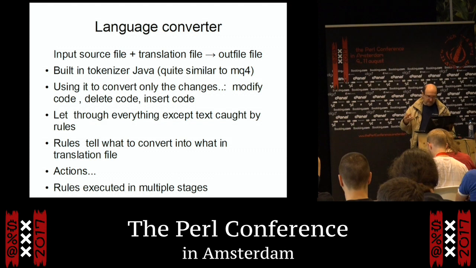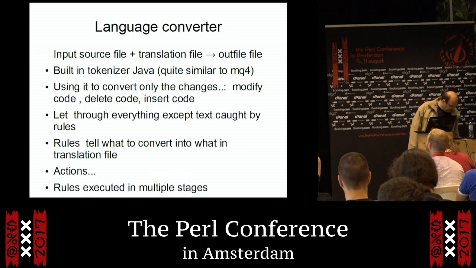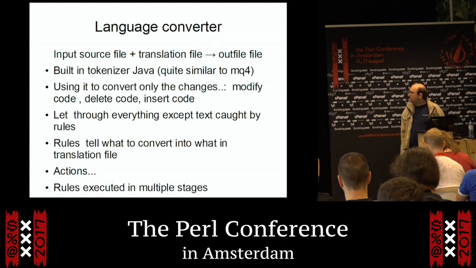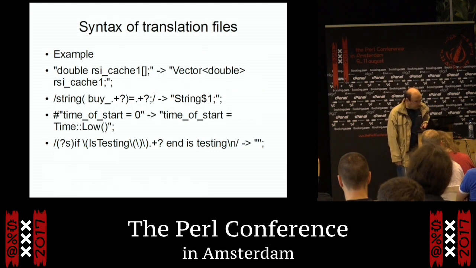As I told you, actions can optionally be specified at each conversion. What's maybe more interesting is that multiple stages can be specified, which means you can scan the same file multiple times with different rules, which has some usefulness.